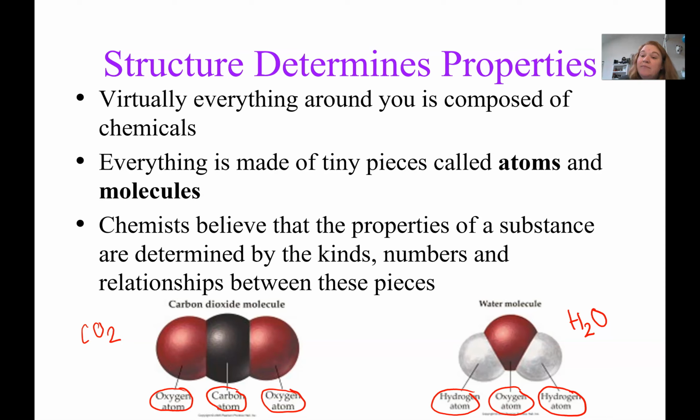There's a difference in atom types and in the ratios. So in the first one, there's a 2-to-1 ratio of oxygen to carbon. And in the second one, there's a 1-to-2 ratio of oxygen to hydrogen. There's also a difference in their shapes. So carbon dioxide is just straight across.